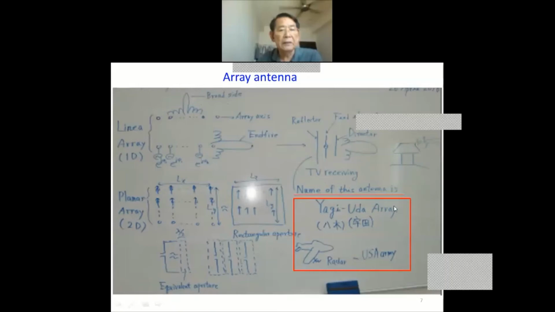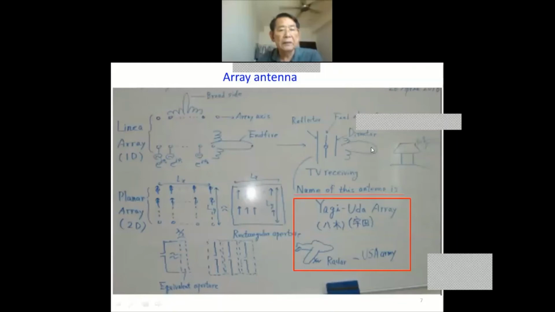This is a TV receiving antenna. This is a reflector, this is a feed, and this is a director. There should be more directors. So radiation happens in this direction. This is very popular for TV receiving antennas.